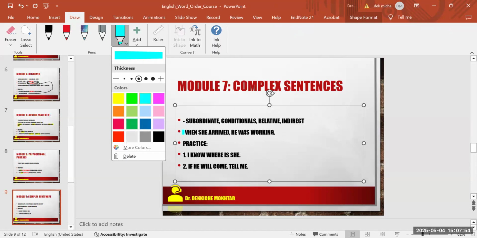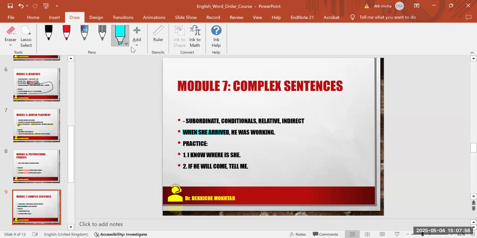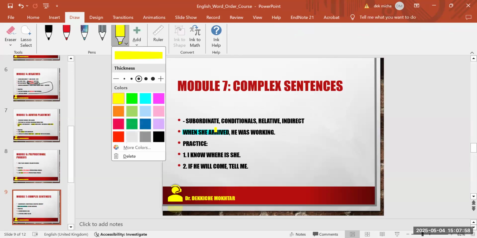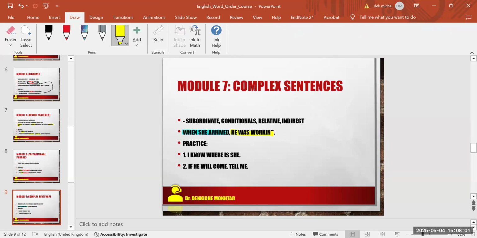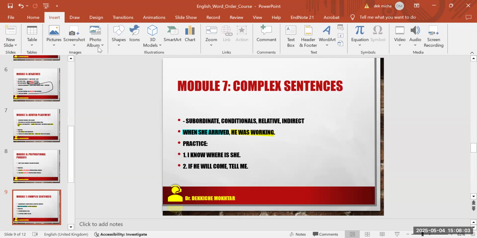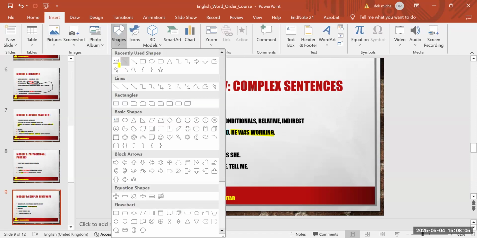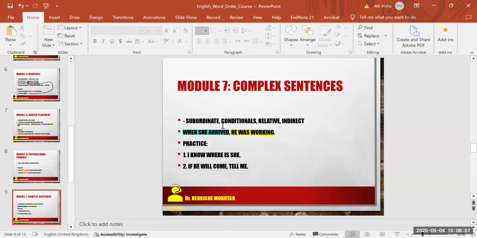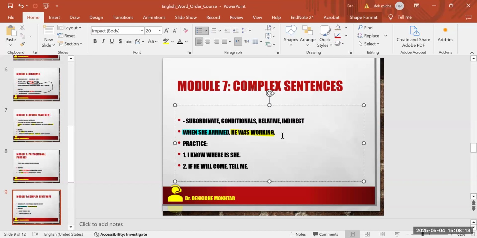This is a sentence, and this is a second sentence. She was working when she arrived.